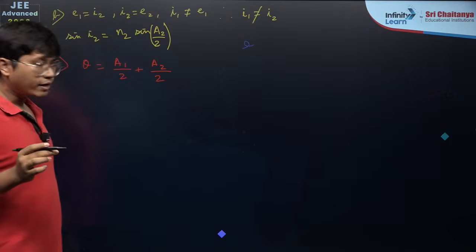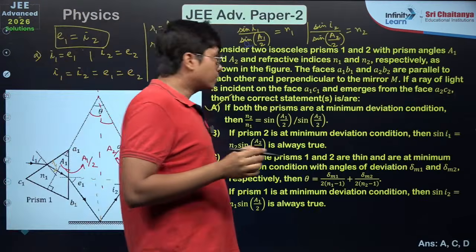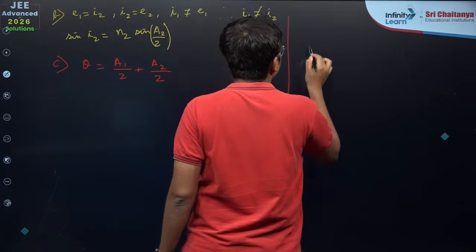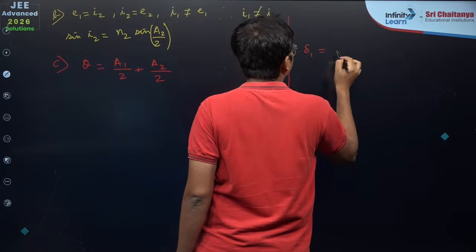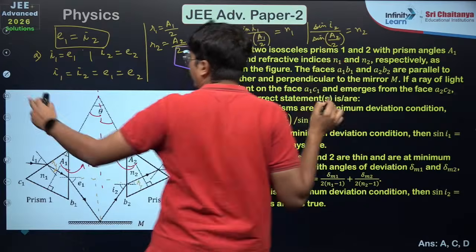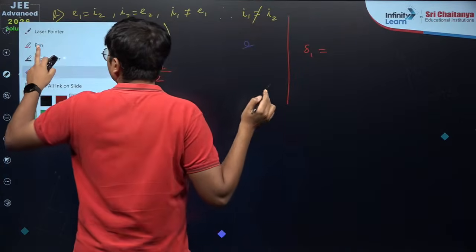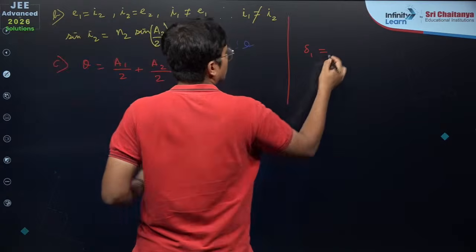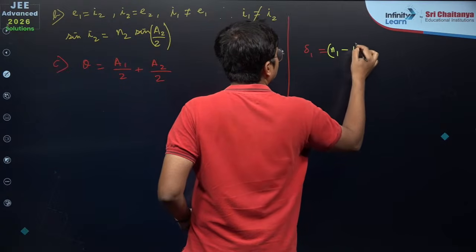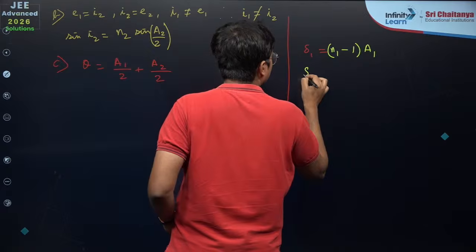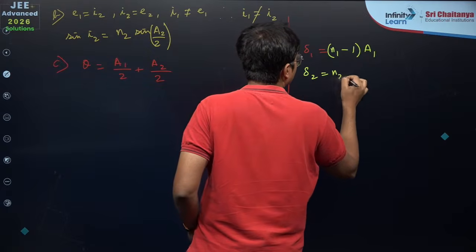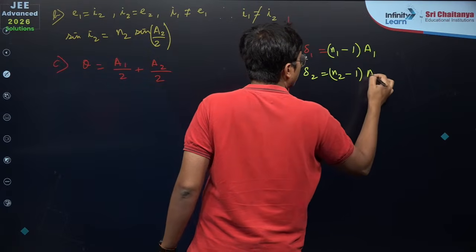is A1 by 2 plus A2 by 2, right? Now because these are thin prisms, I know the deviation delta 1 is equal to, oh, these are called n, not mu's. Let's just write it: (n1 minus 1) times A1, and delta 2 is (n2 minus 1) times A2.